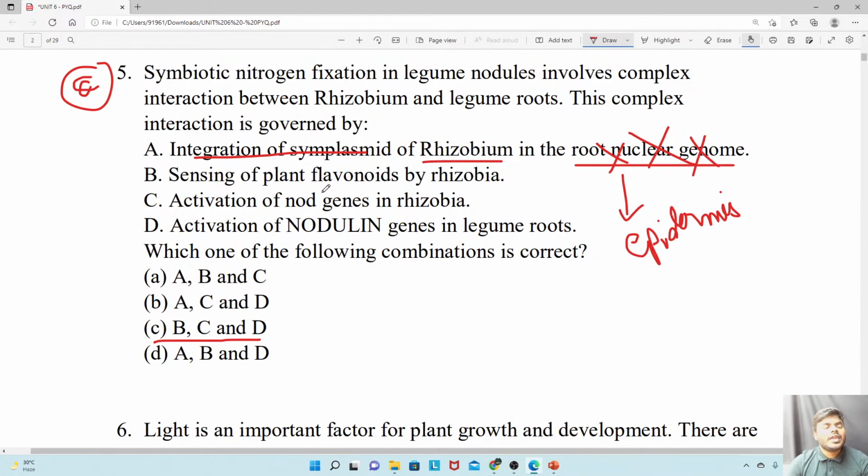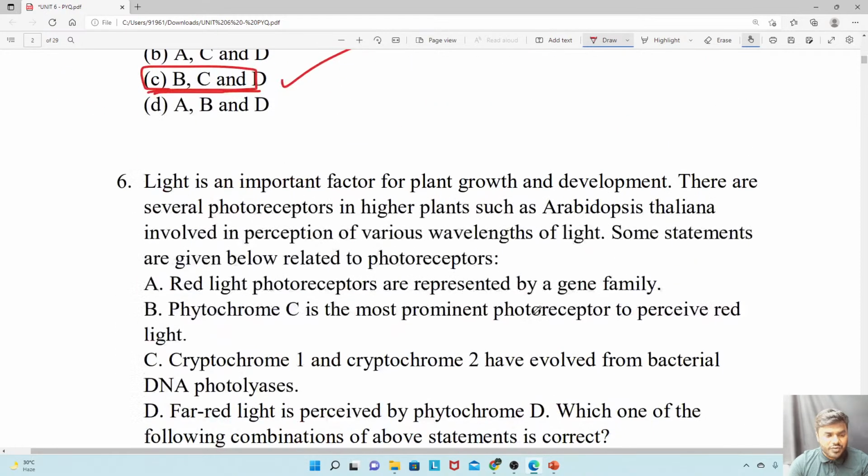Correct? Now we can call chemoattractants, flavonoids and betaines, to attract the rhizobia. Absolutely right. Sorry, to attract the bacteria. Right statement. Activation of the NOD gene in the rhizobium. Of course, once the NOD gene gets activated, it is going to activate the other nodulin genes. So B is correct, C is correct, D is correct. Hence the correct answer will be C. Amazing. Wonderful.